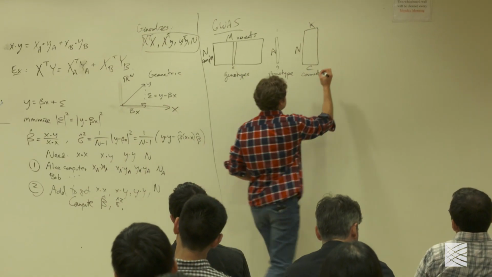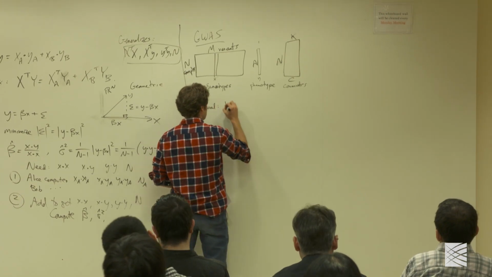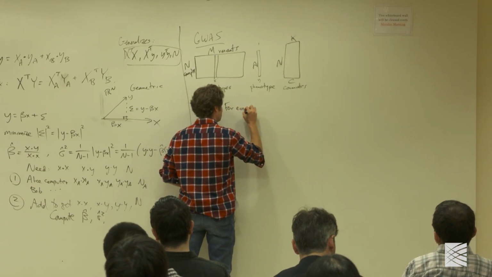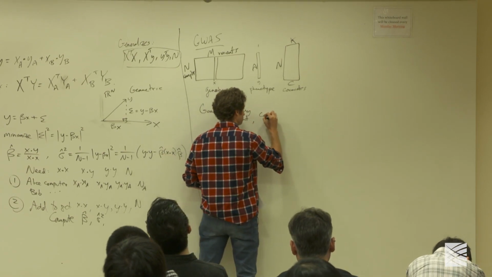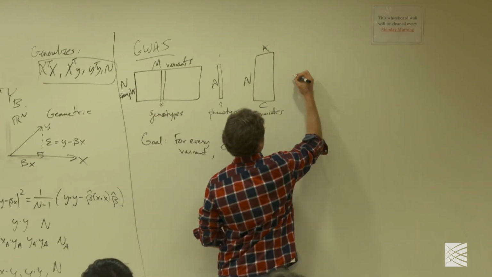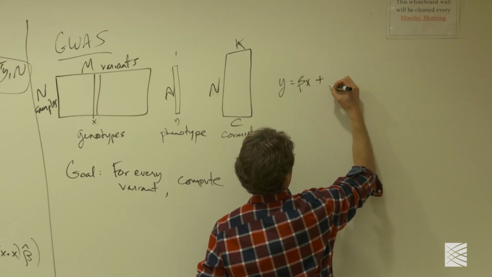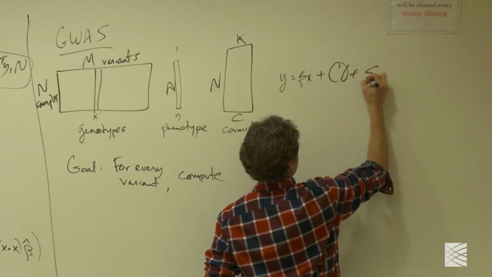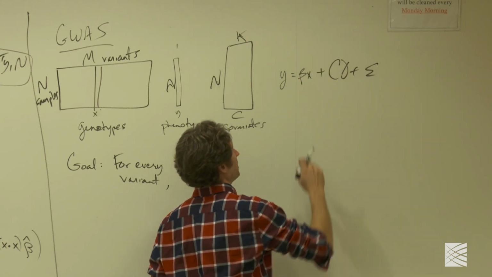And our goal in GWAS is, for every variant, and there might be millions of them, we want to compute what? Well, our regression model looks like y equals beta x plus c gamma plus epsilon. Here, gamma is a k vector. It's the k effect sizes on the covariates.